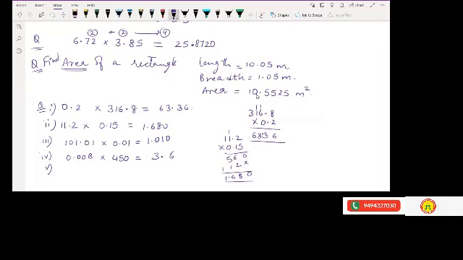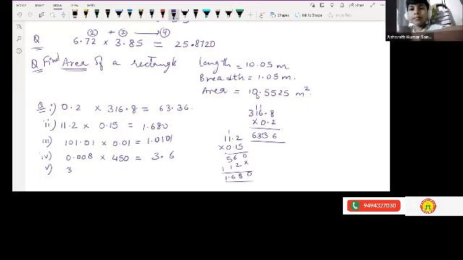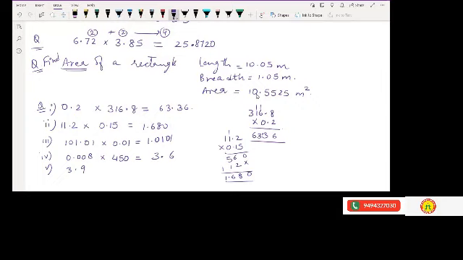Ma'am, the third one you wrote 1.010, it's actually 1.0101. 1.0101. There is another one. Yes, ma'am. Okay, beta. So now see, write the next one. 3.979 into 4.2. Do this.